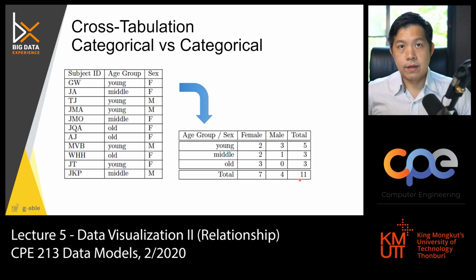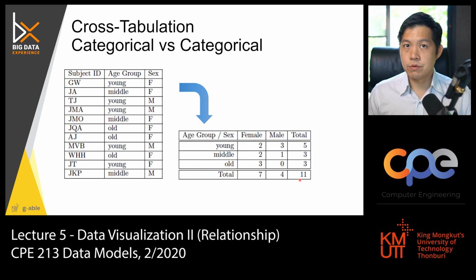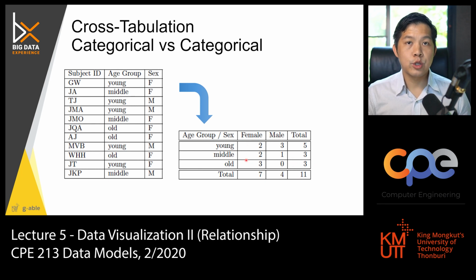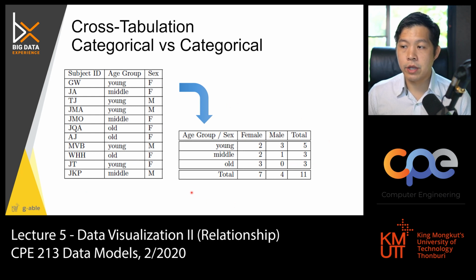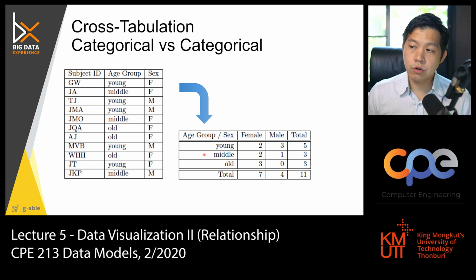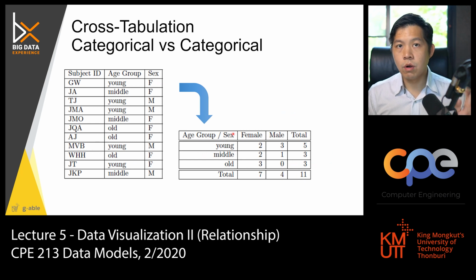If we use 11 to normalize, to divide all the values here, now you get the joint probability distribution of this empirical distribution. So by converting from the transactional way here into the cross tabulation, you can now determine association between age group and sex, between the two columns.